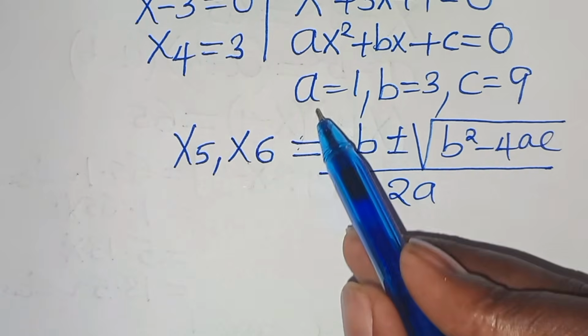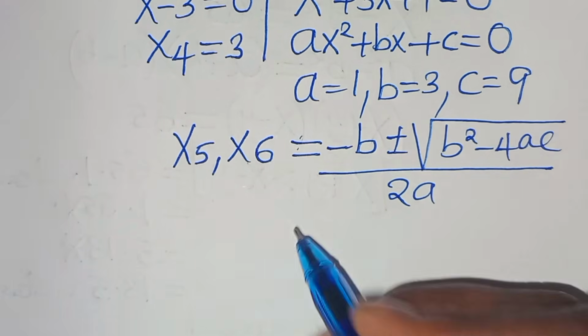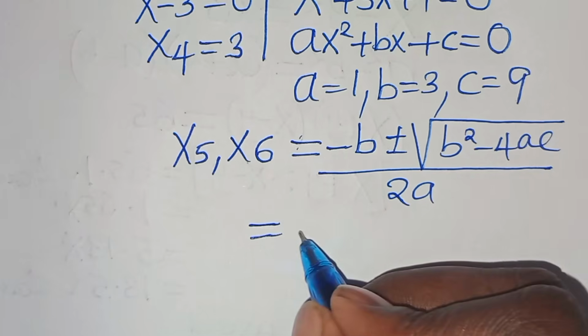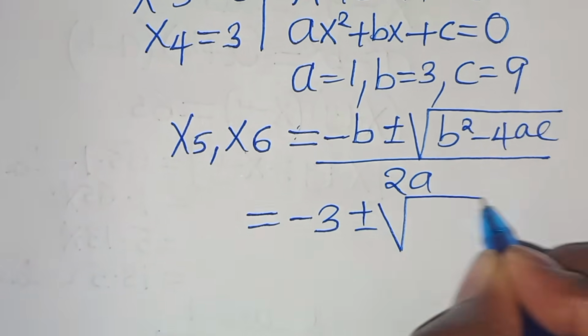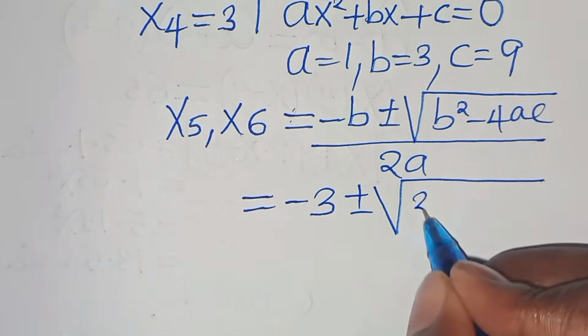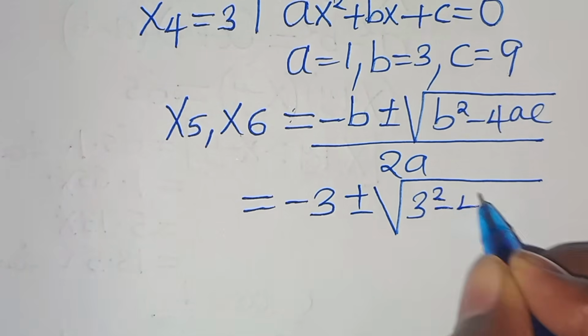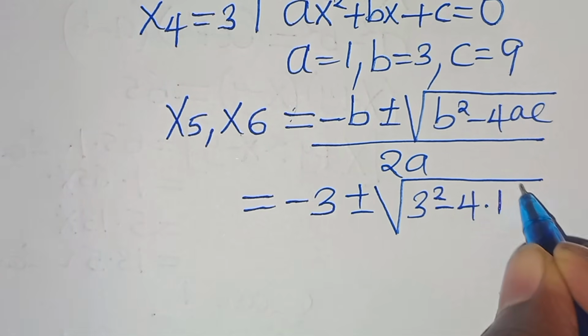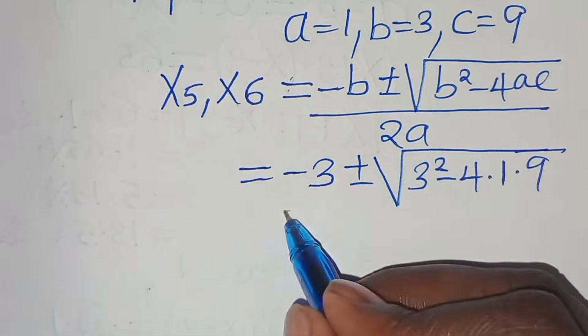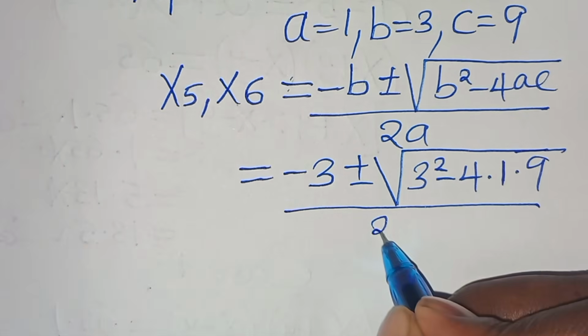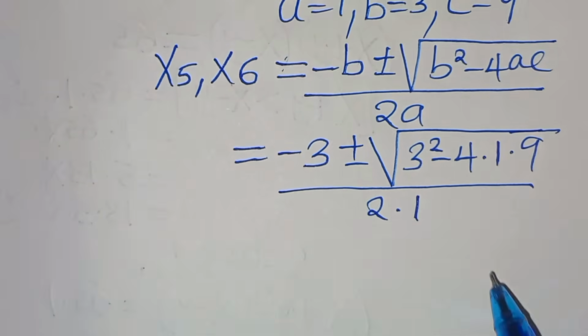So let's substitute the values of a, b, and c, so that now we have minus 3 plus or minus the square root of 3 squared minus 4 times a, which is 1, then times c, which is 9. Everything here divided by 2 multiplied by 1.